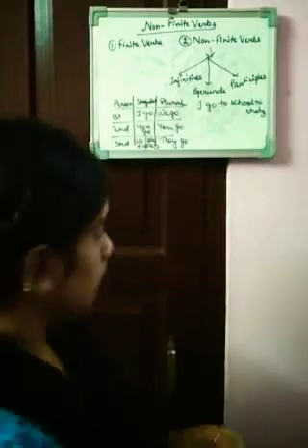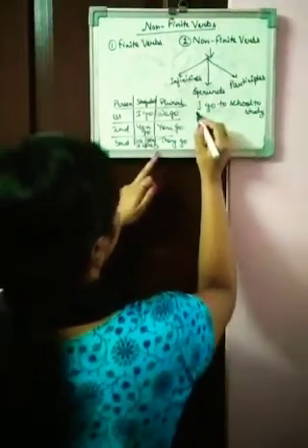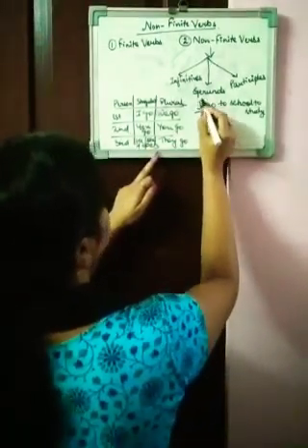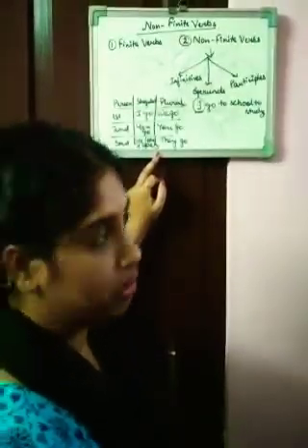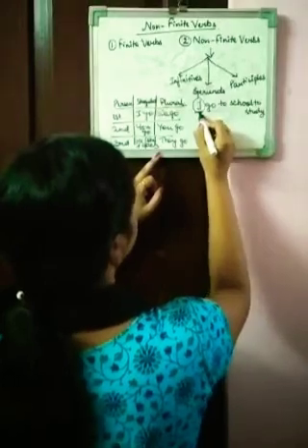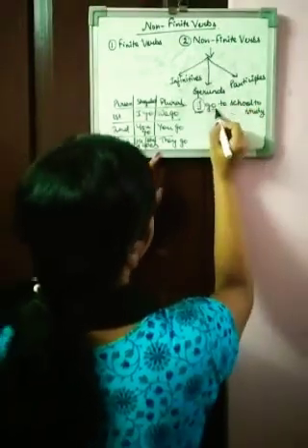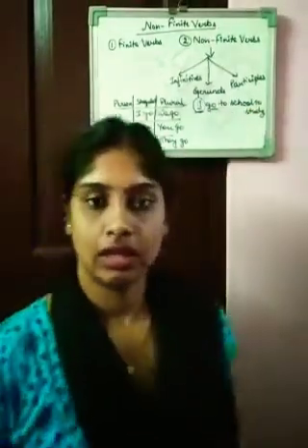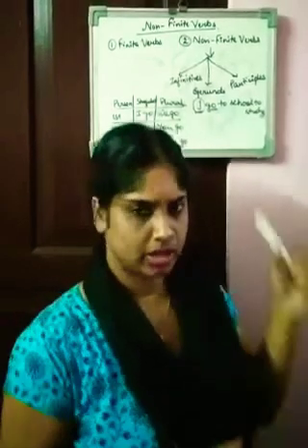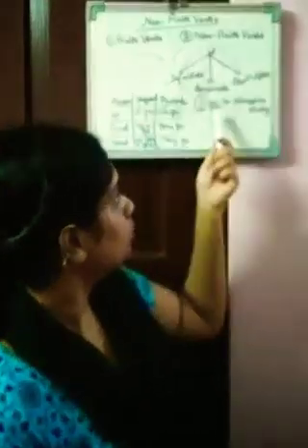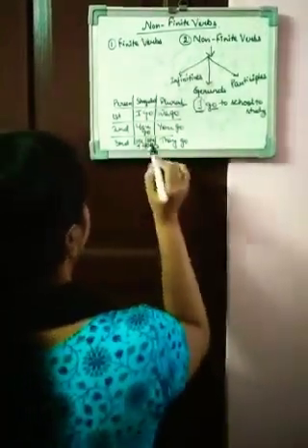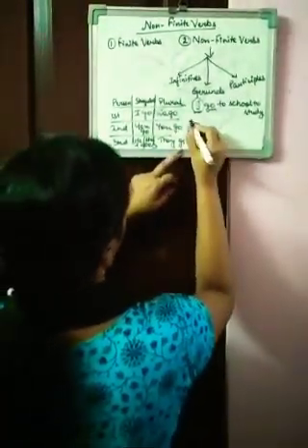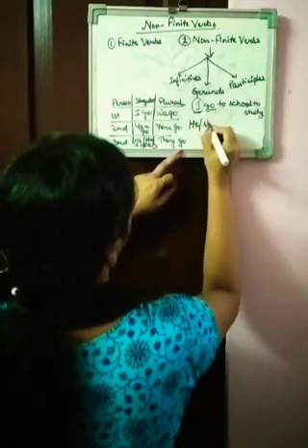Now let's talk about this. What is this? It is in first person and singular number, and as it is in present tense, we are talking in present tense only right now, so it will remain go. But let's take he or she.